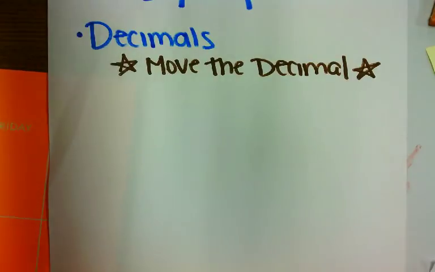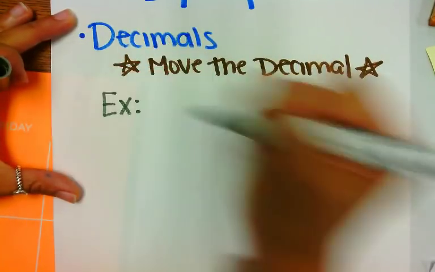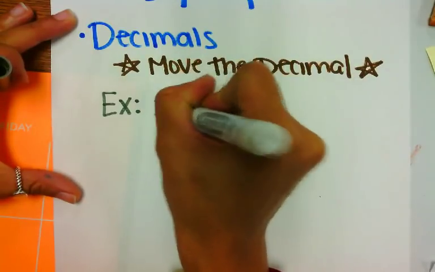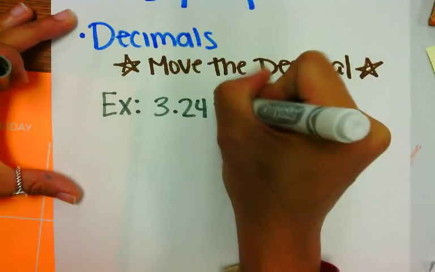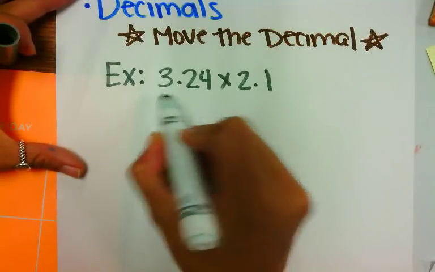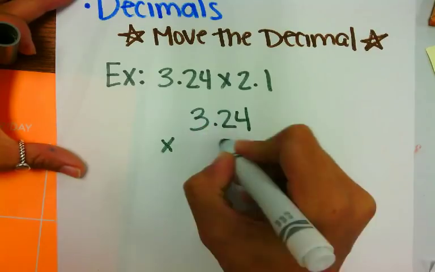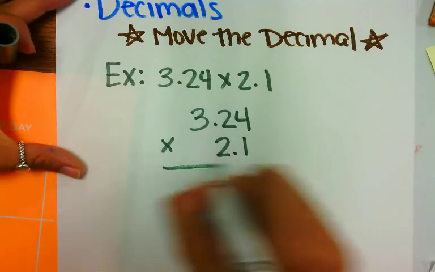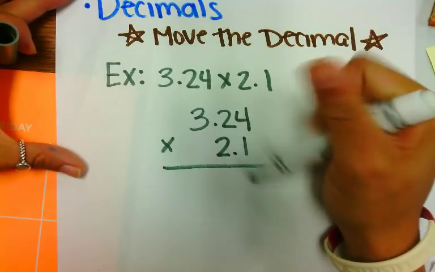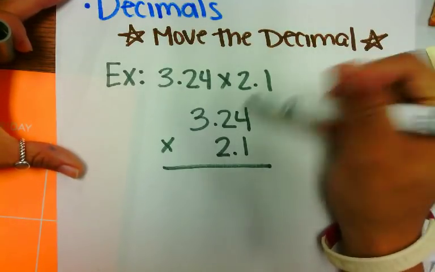So, for example, if you have 3.24 times 2.1, first thing you're going to do is put the longest number on top. You do not have to line up the decimal. It's okay that these are not aligned. Now you're just going to multiply like normal. Okay, pause the video and see if you can multiply it.